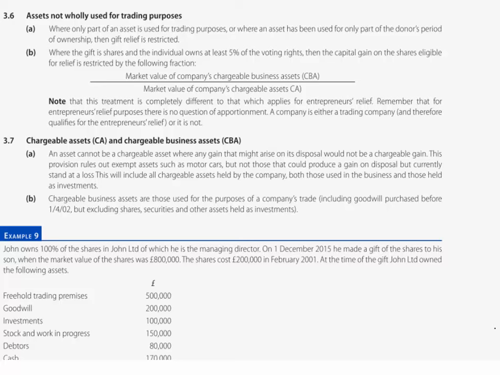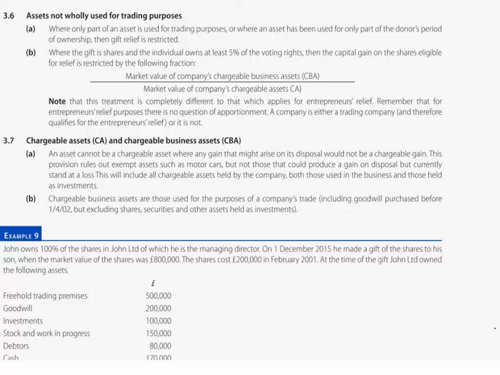But if you remember when we dealt with rollover, right at the very end of our study of rollover relief, we posed the question, what about if only part of the asset had been used for trading purposes? The typical example is where an unincorporated trader owns a property, most of which is used within the trade, but a proportion of which, a percentage of which, is let out, making it therefore investment.